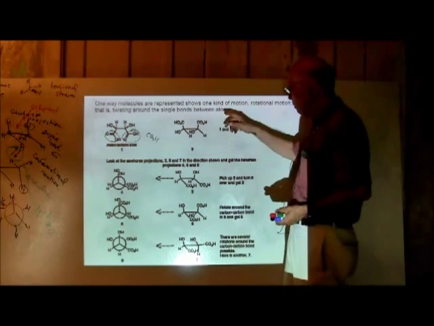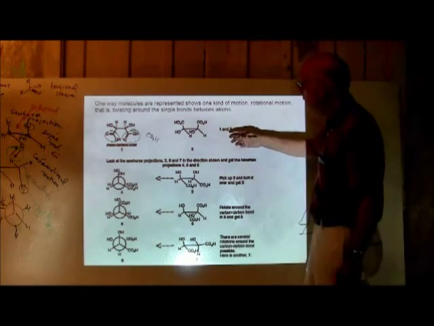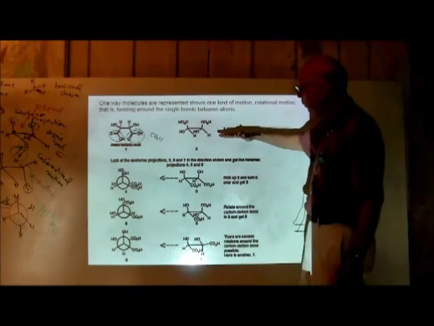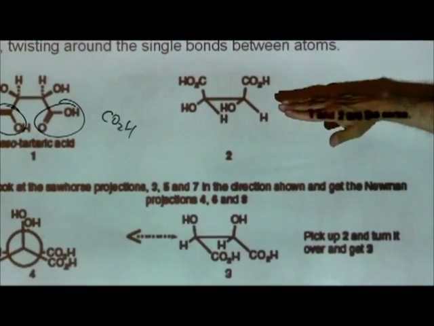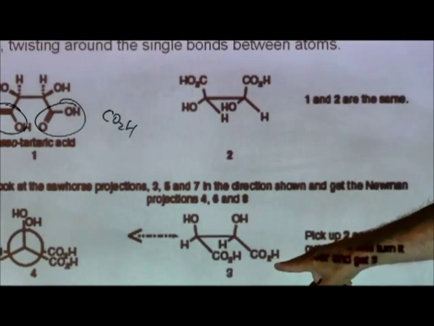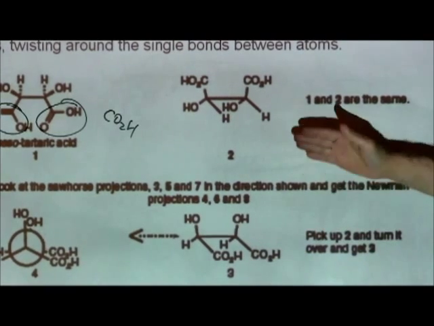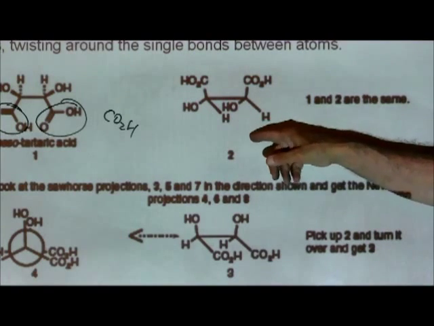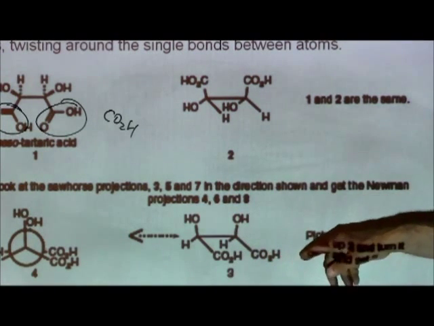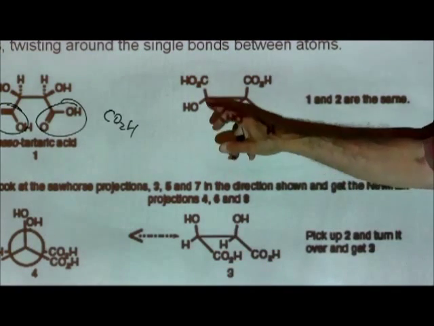Now, let's take this molecule, pick up 2. And what are we going to do with 2? We're going to take 2 and turn it that way. Again, this is not a conformational motion. I'm simply taking 2 and turning it that way. What happens? Well, the CO2H group now comes out to the front, the hydrogen goes to the back, and the OH groups go up.